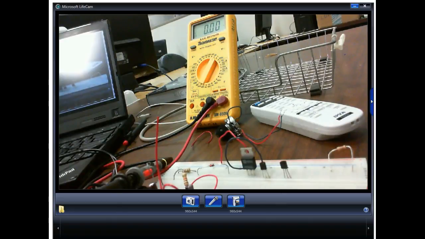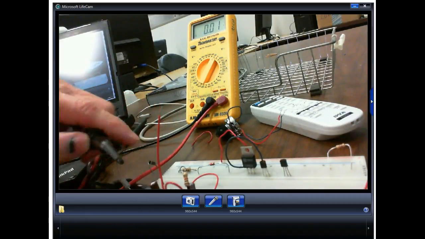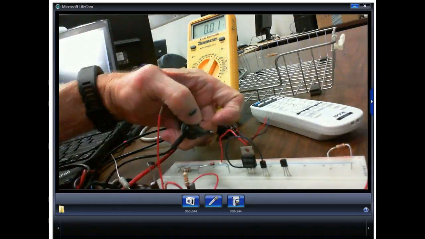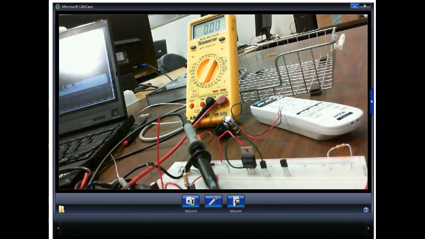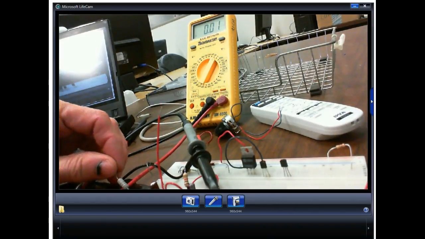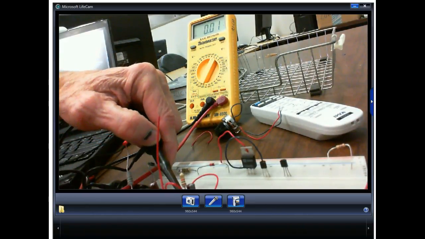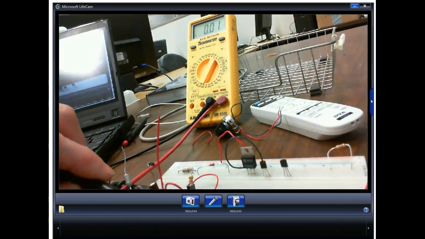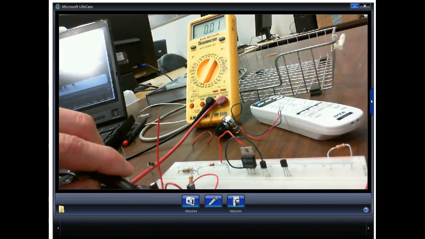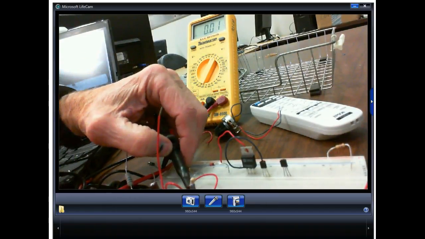So we're going to see what type of problem this actually creates. What I'm going to do is bring our AC signal and put it back into it, and we'll look at it with the oscilloscope. So this is my input.